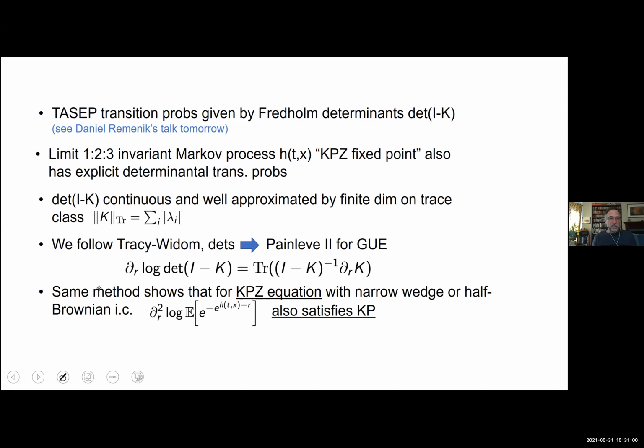Now, TASEP is a model in this KPZ universality class. And so if we take this 1, 2, 3 scaling limit of TASEP, whatever we get should be the universal fixed point. Of course, the universality is still a widely open problem.